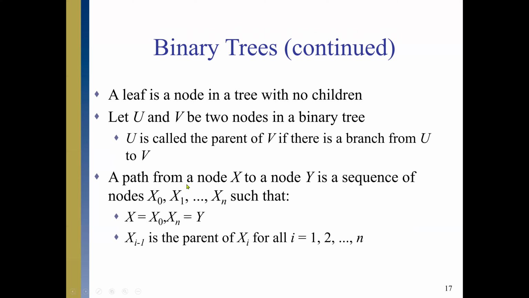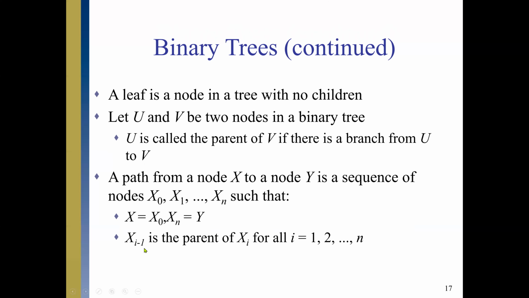Now, a path from a node X to the node Y is a sequence of nodes X0, X1, all the way to Xn, such that X equal to X0, Xn, which also equals Y. And Xi minus 1, which is the previous node, is the parent of Xi.